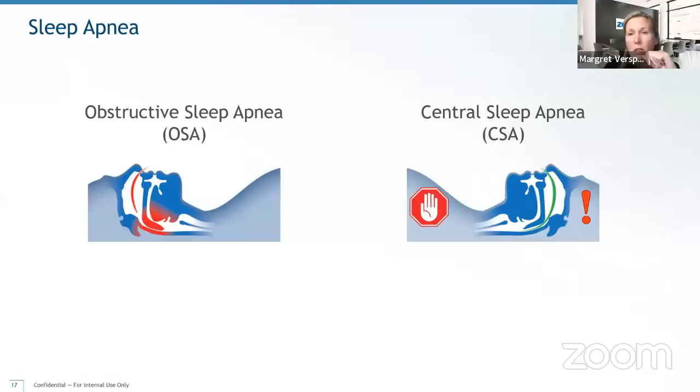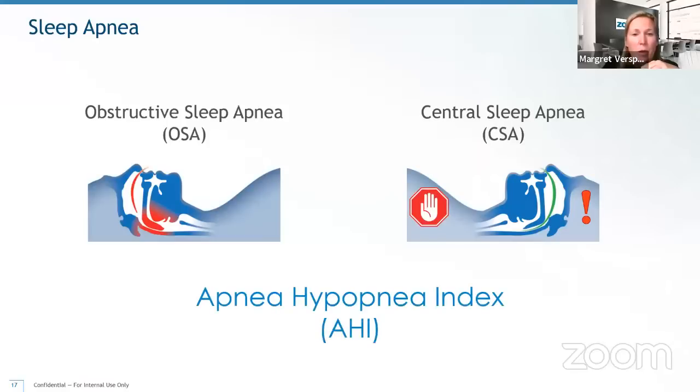So it's a different phenomenon than obstructive sleep apnea, but we can also see it in our patients when we are looking for sleep apnea, yes or no. It's less common than obstructive, but we can see it especially in patients with, for example, heart failure. But I will show you later in the presentation.